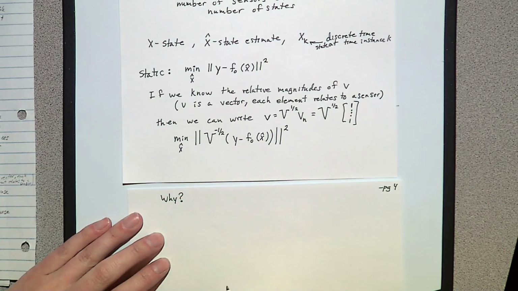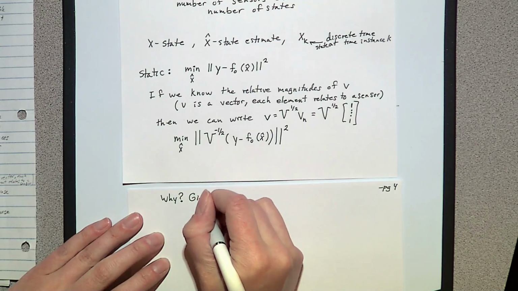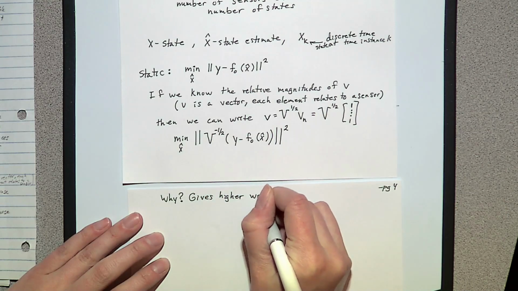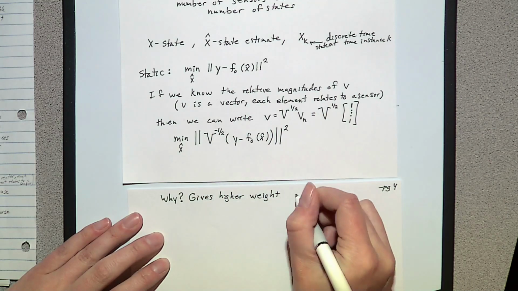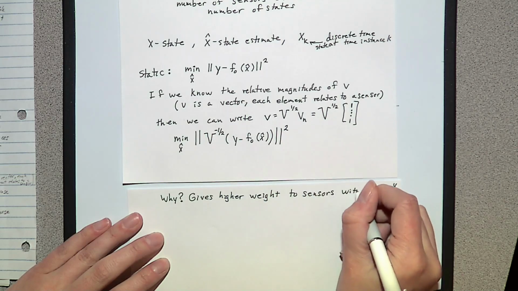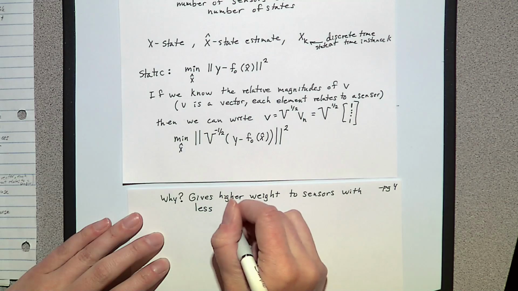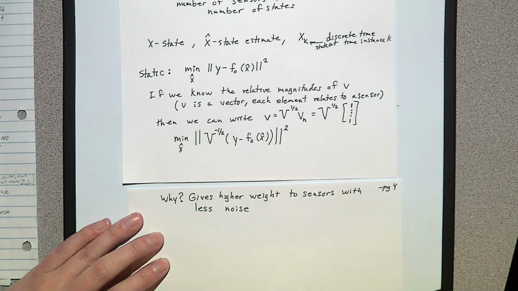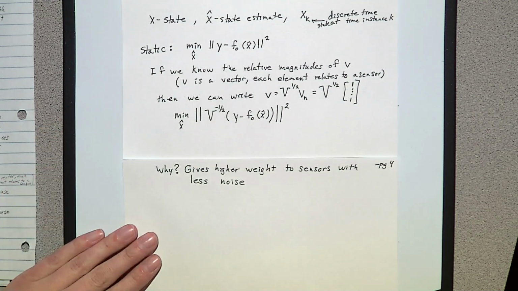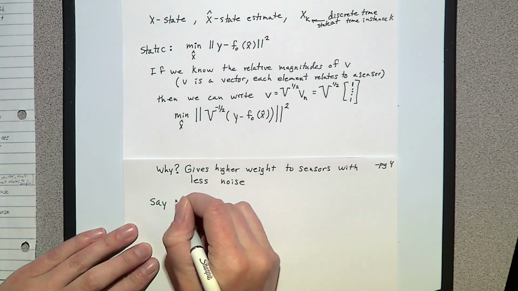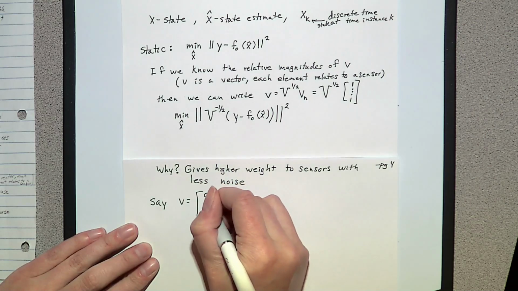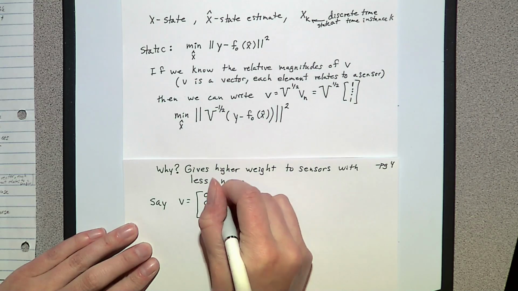So why do we include this? It gives higher weight to our sensors with less noise. So let's say, for example, that we have our vector is 0.1, 0.5, 1.